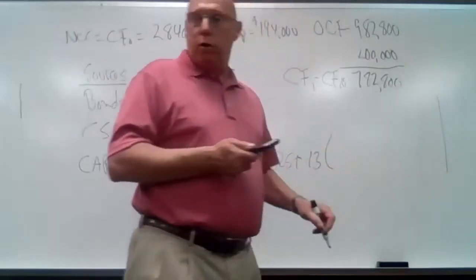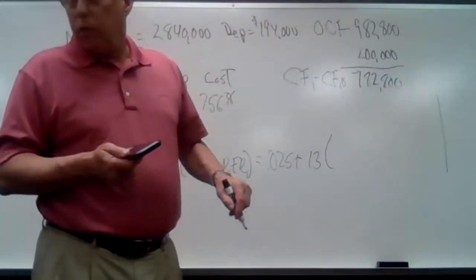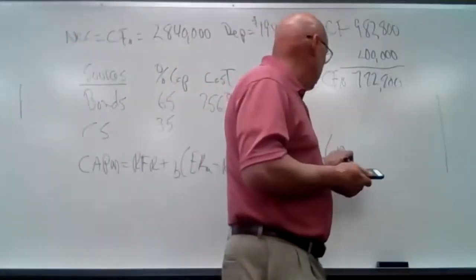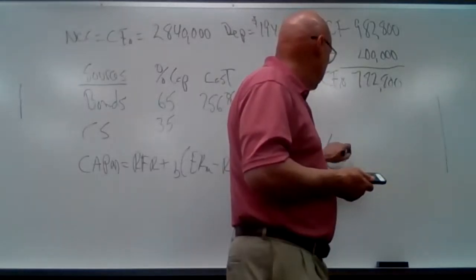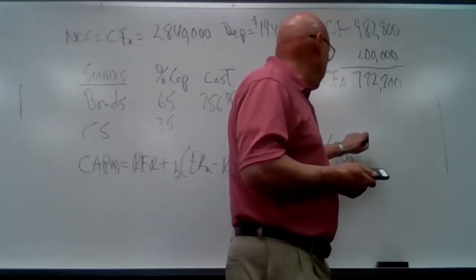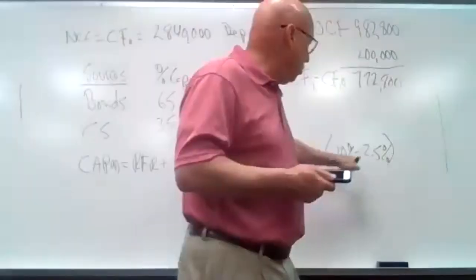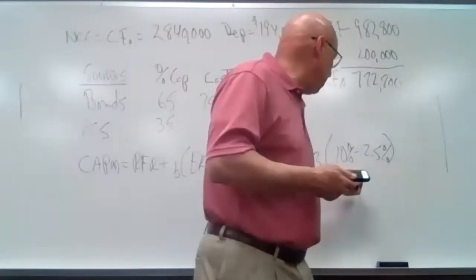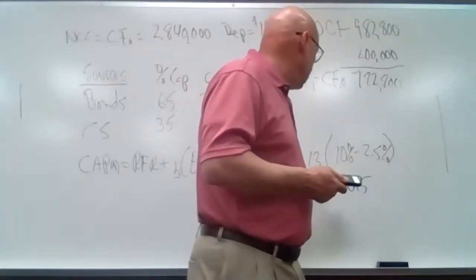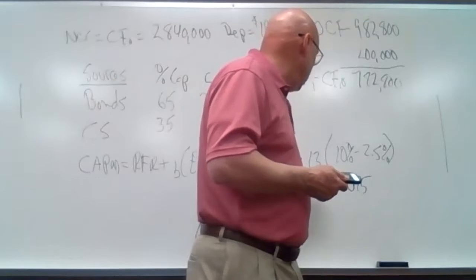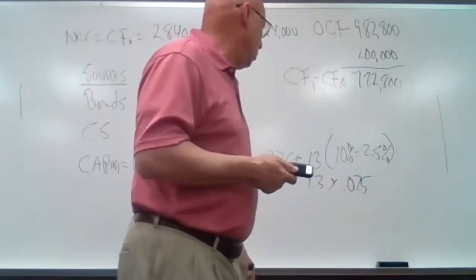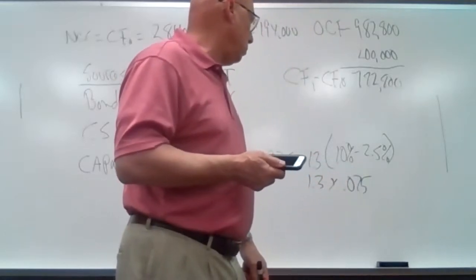The expected return of the market is 10% minus 2.5%. Okay, so we're going to do this first. So we have 0.075 times 1.3. So what does that equal? What's 0.075 times 1.3?